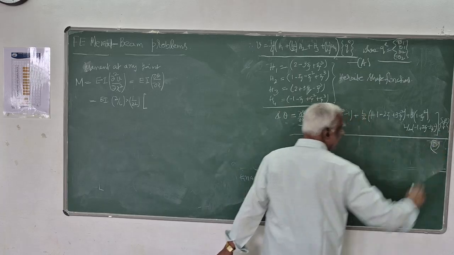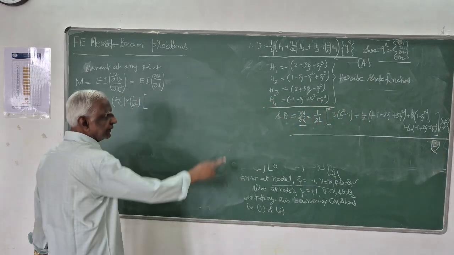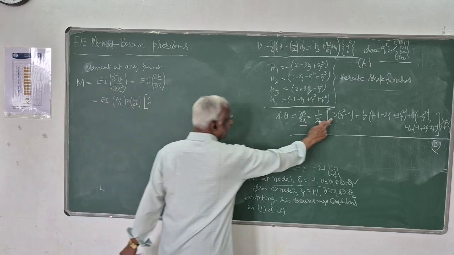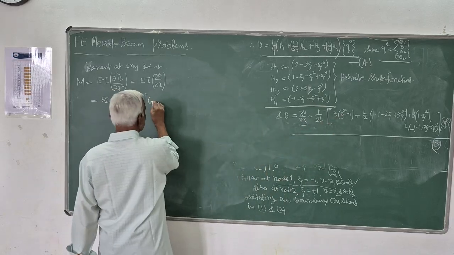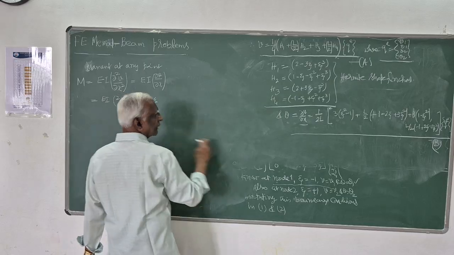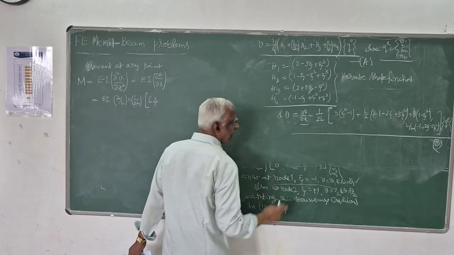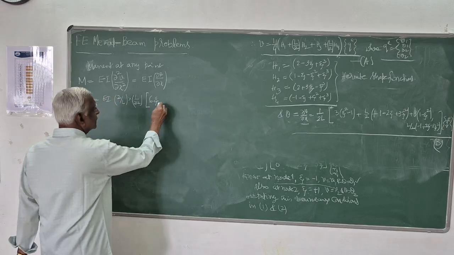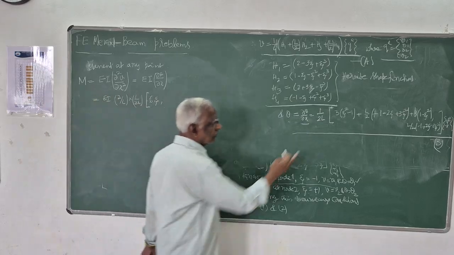I have to differentiate partially with respect to z. This, if you differentiate, you will get 3 into 2z, that is 6z, and minus 3 partial differential equation is 0. So you need not bother, that will go.